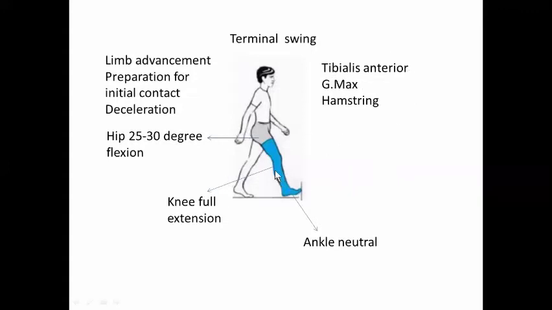Tibialis anterior will maintain the ankle in neutral position against gravity. Gluteus maximus will maintain the hip in 25 to 30 degrees of flexion by resisting the hip from going into more flexion. The hamstring will resist the knee from going into more extension.